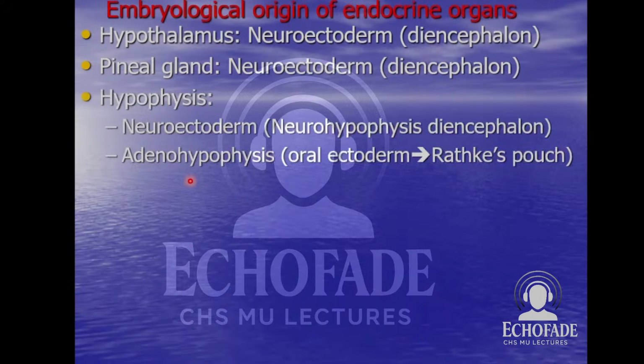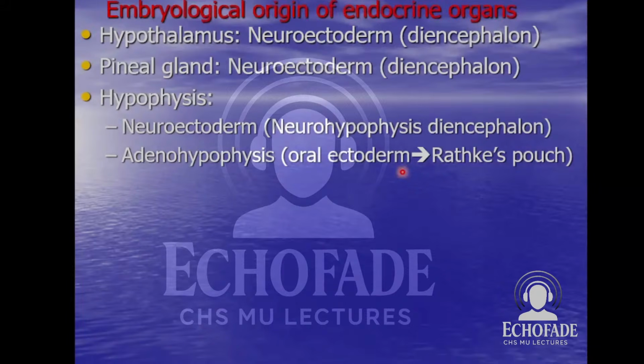The hypophysis comes from two sources. There's the neural ectoderm, the neurohypophysis, from the diencephalon, and the glandular part, the adenohypophysis, from the oral ectoderm. This is from Rathke's pouch, an evagination of the oral ectoderm.